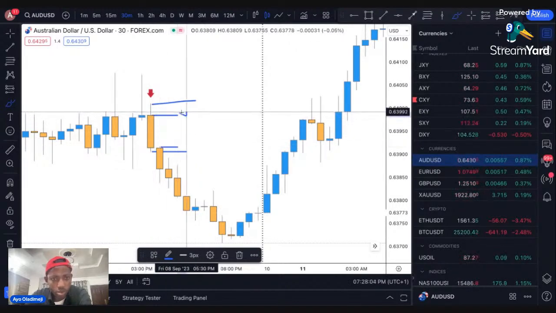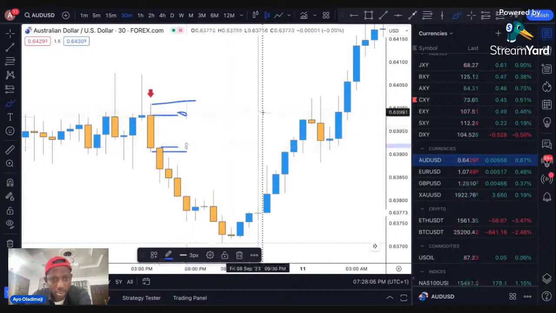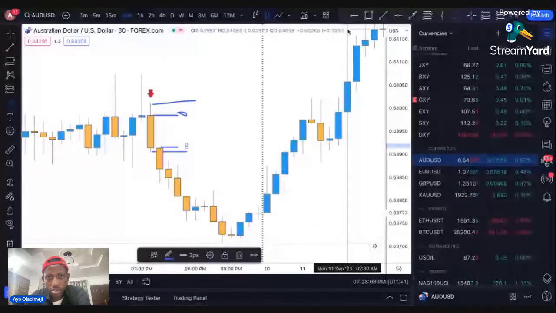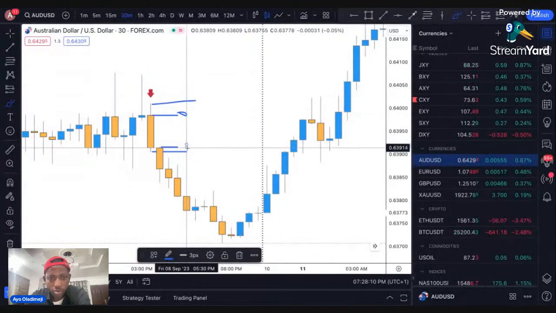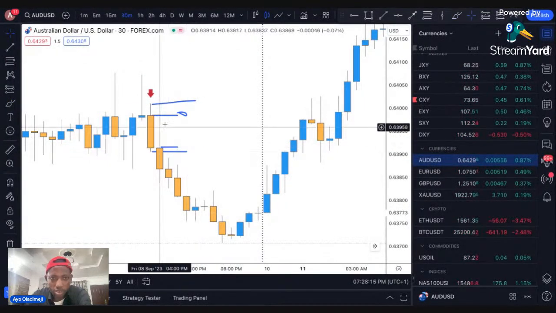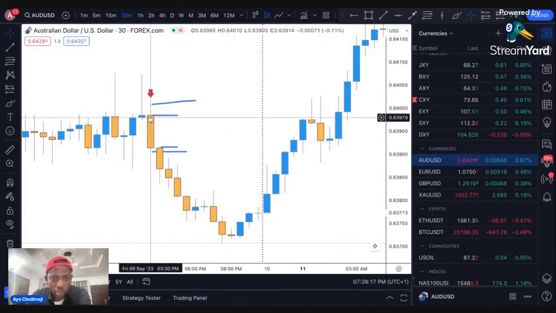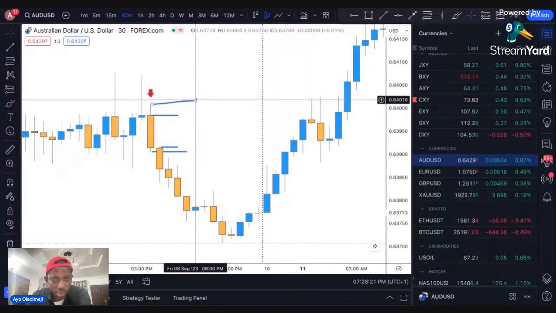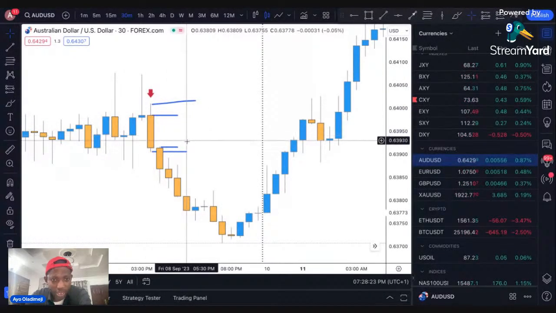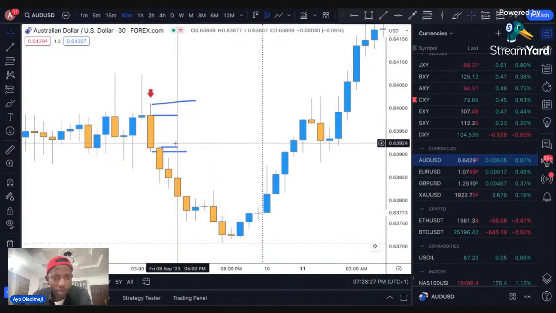Open here, and close here. So you can see these four properties: the wick and the tail, the high and the low, the open and the close.